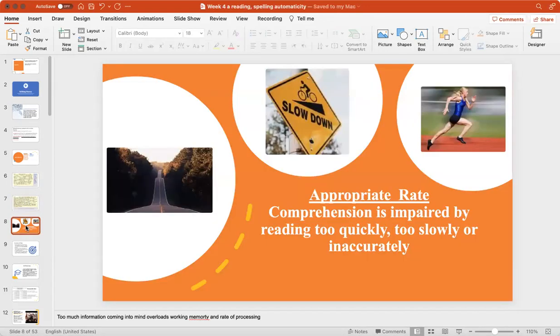Appropriate rate means that some of the time we can kind of chug along and read really quickly, or we can read at a medium speed, or we may have to read really slowly. It depends on what we're reading and trying to understand. So if I'm reading a novel and I'm really into it, I'm reading really fast.